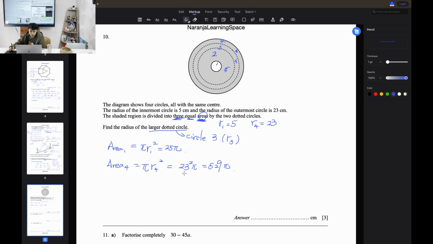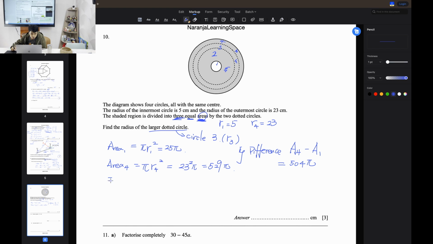So you have the innermost circle's area and the outermost circle's area. Why do I need to do this? Because of the difference, which is A4 minus A1 equals 504 pi. This difference in the area is divided into 1, 2, 3 portions, right?